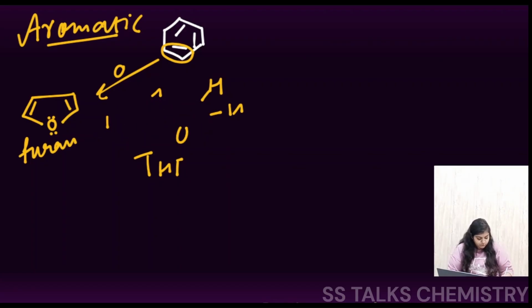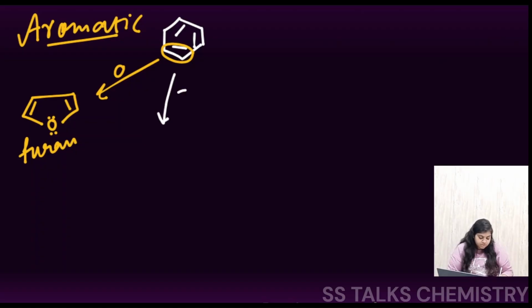Now moving on to our next heterocyclic compound. If we replace these two carbon atoms with a sulfur atom, that will be known as thiophene. Like this species. This is known as thiophene.